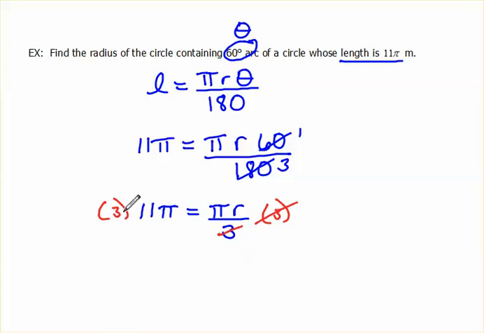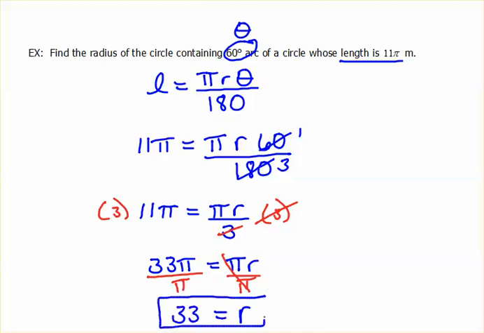So when I do that now, I have 3 times 11 pi, which is 33 pi, equals pi times r. And if I now divide both sides by pi, we get r equals 33. So that would have a radius of 33 meters, since this was being meters.